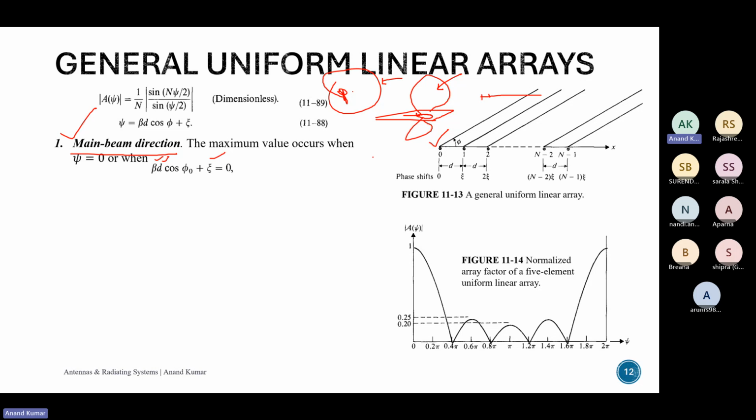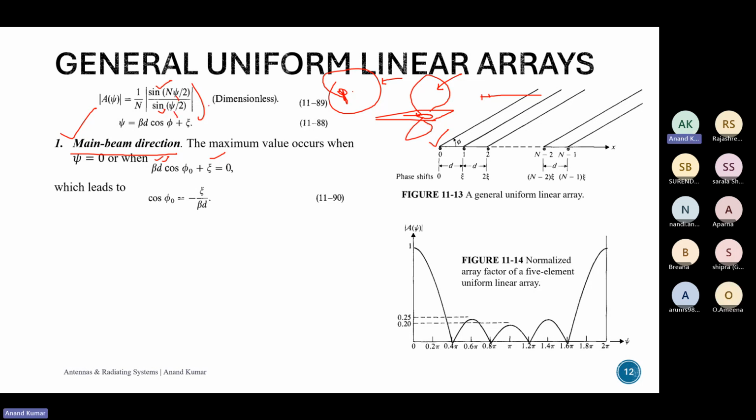It could be either end fire or broadside. So let's see that. The maximum value of this array factor is when this ratio of numerator and denominator is maximum, and this is maximum when the psi value is 0.